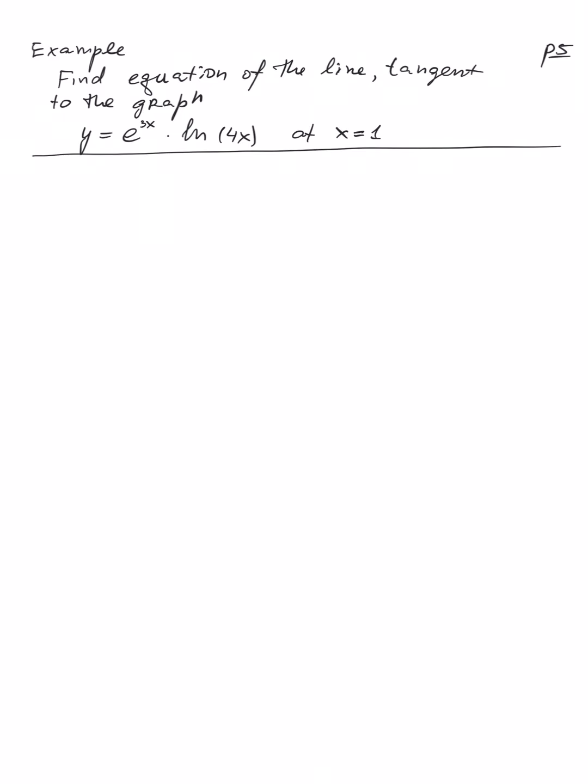We have to do the same thing that we did with polynomials. To find the equation of the line tangent to the graph, I'm going to use my given function, find the derivative, evaluate at a given x value, find the slope, then use the given x to find the y because I need a coordinate pair, and use the point and a slope to write the equation of the line.